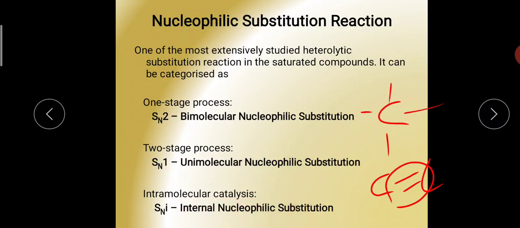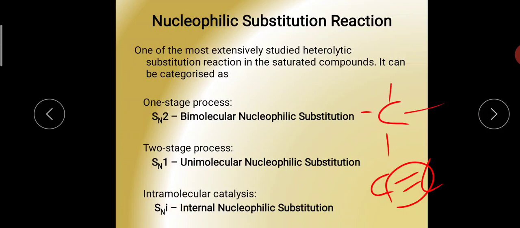What you will be seeing later on is that your SN2 reaction is a one-step process, whereas SN1 reaction is a two-step process. Well, intramolecular catalysis or SNi reaction is not so common, but still we will be seeing the cases where this particular mechanism is observed.